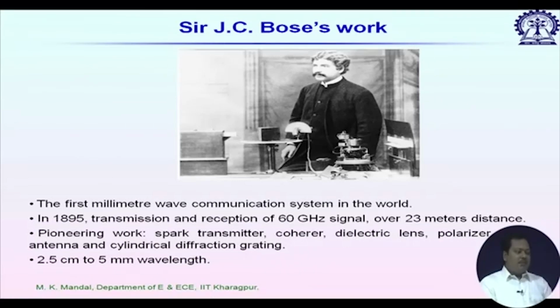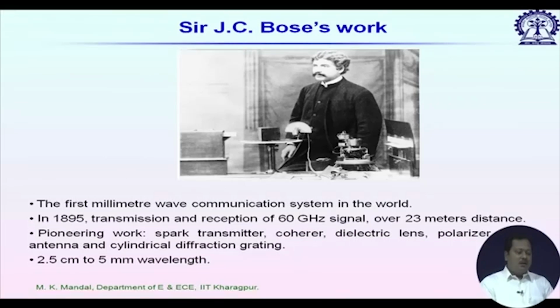At that time, different sources of millimeter wave frequencies, how to transmit and receive them, and how to design different components were all not known. So, he had to design all of these components, starting from the transmitter, then how to receive.